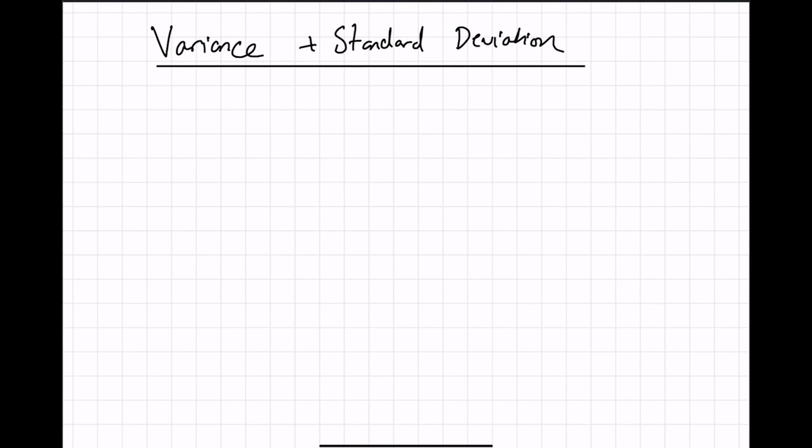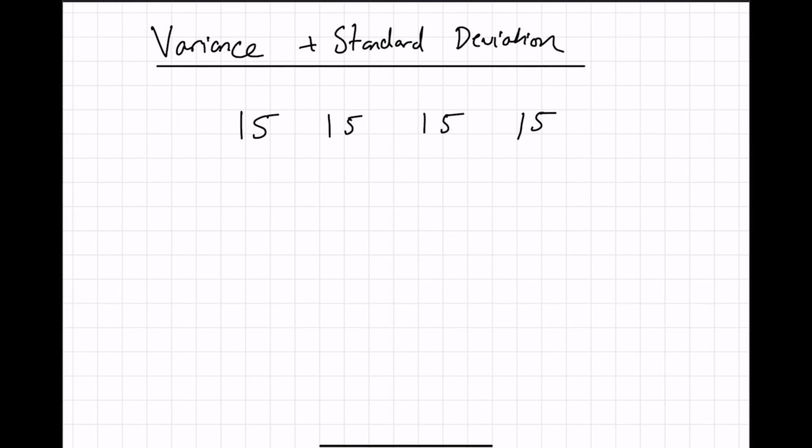The variance basically is trying to tell you how spread out the data is. So how much does it spread out from the mean value? Let me give you an example. Let's have a set of 4 numbers, 15, 15, 15, and 15.